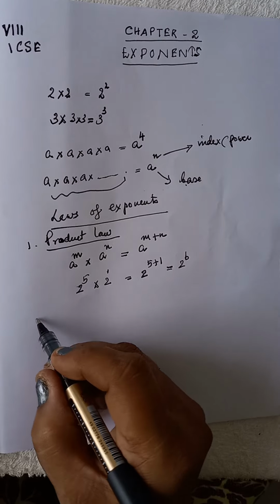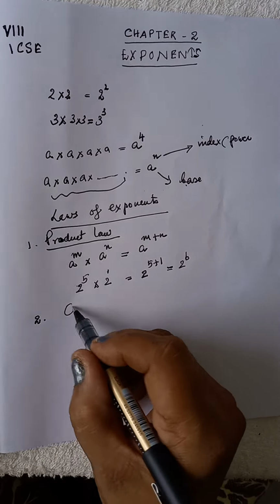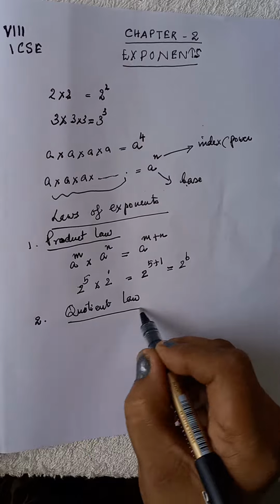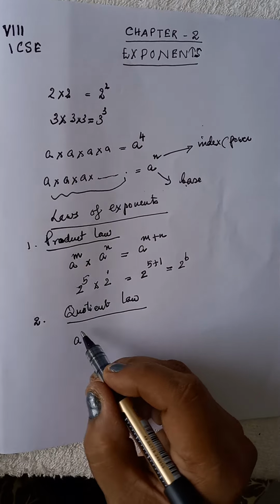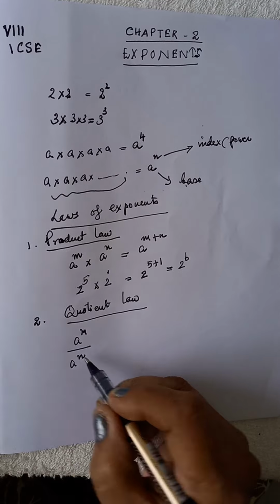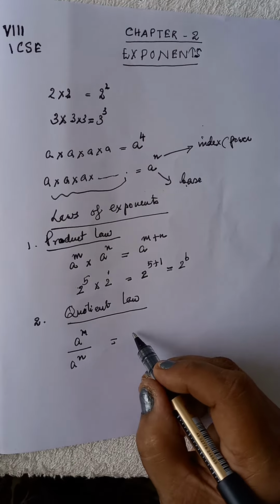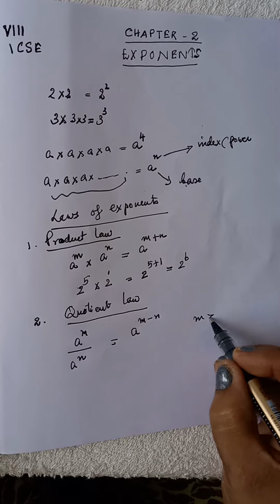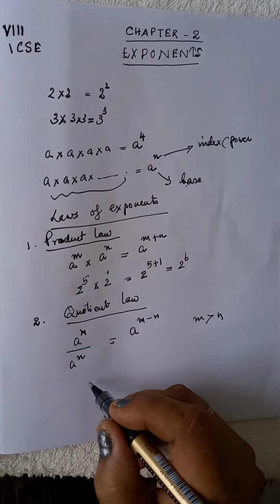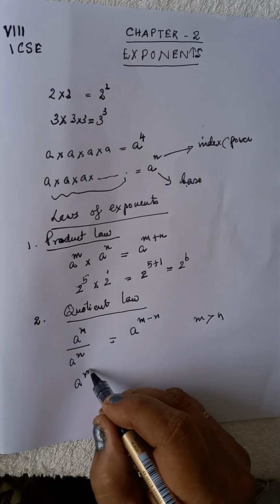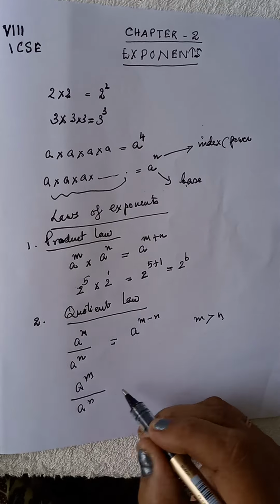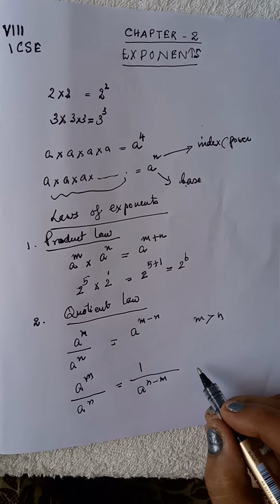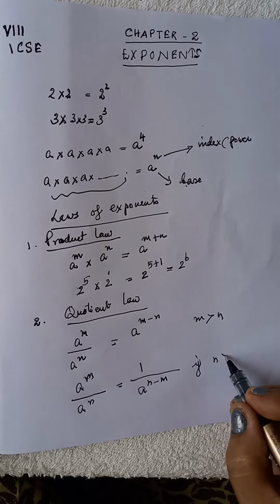Then the second law is quotient law, that is, if you take A raised to m divided by A raised to n, that will give you A raised to m minus n if this m is greater than n, and A raised to m divided by A raised to n will give you 1 divided by A raised to n minus m if n is greater than m.